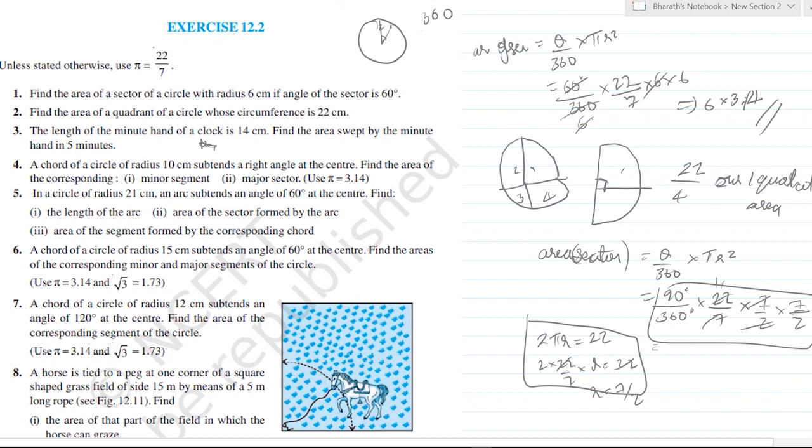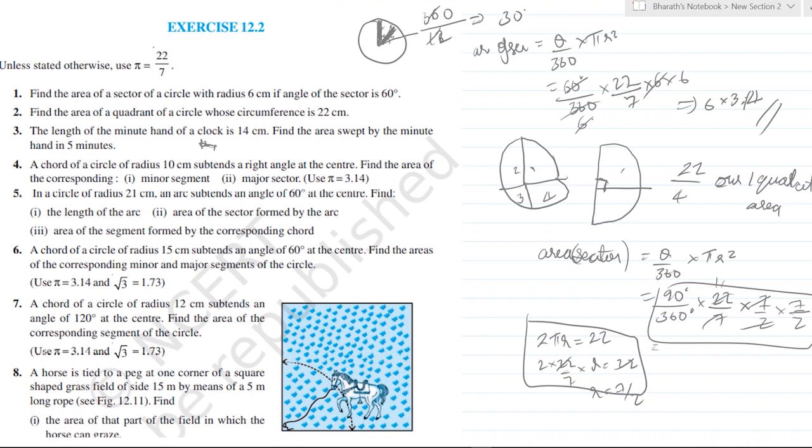And if we divide 360 into 12 parts, we get 30 degree. So this is 30 degree, this is 30 degree, and it keeps on going. Fine. Now we should find this sector area.